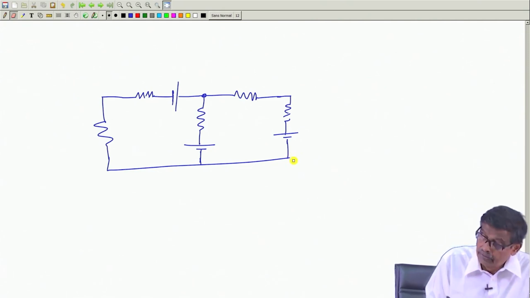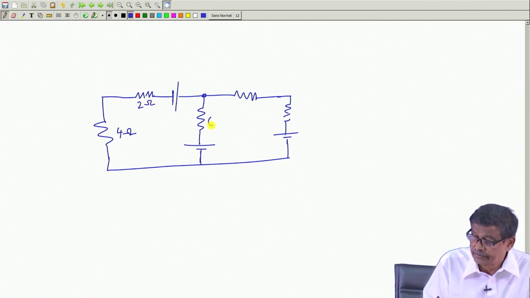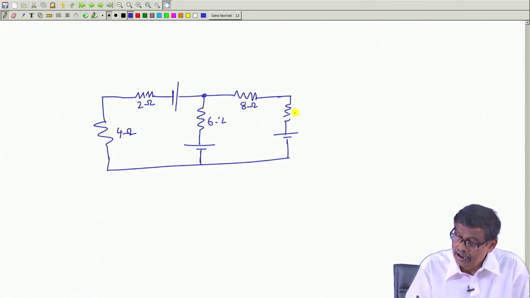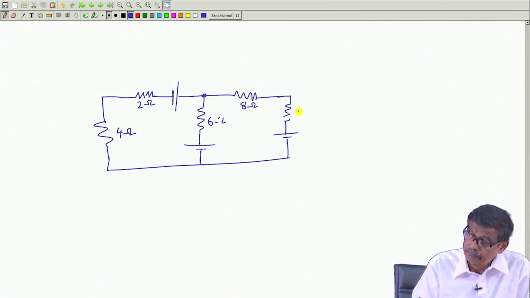Now, let me put some numbers, say this is 4 ohm, this is 2 ohm, this is 6 ohm, this is 8 ohm, and this is 10 ohm.